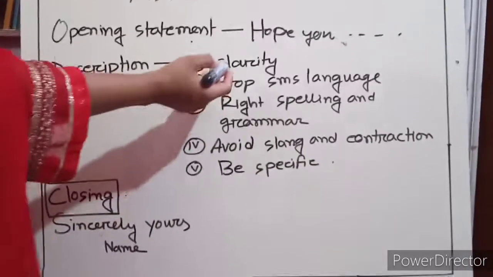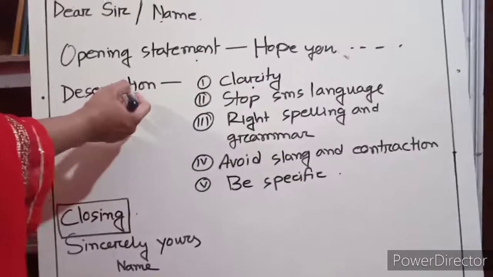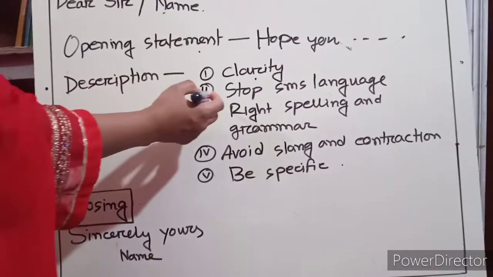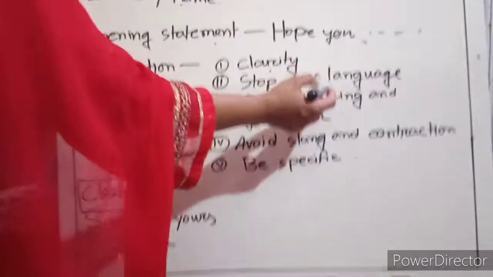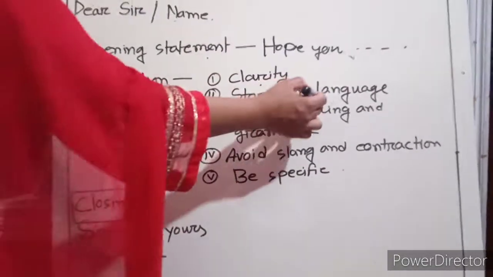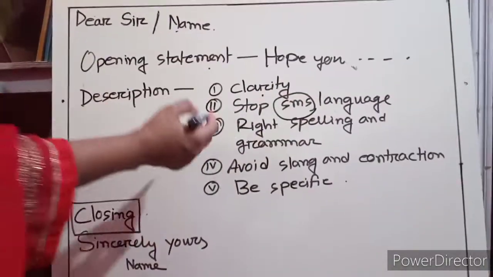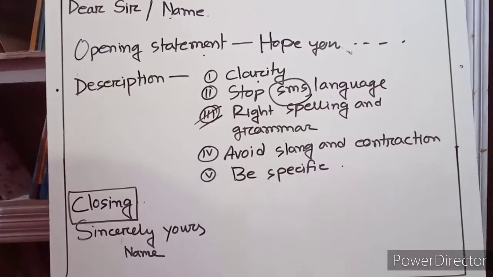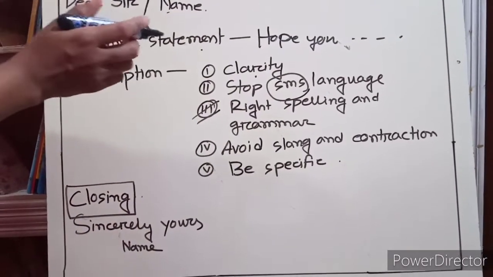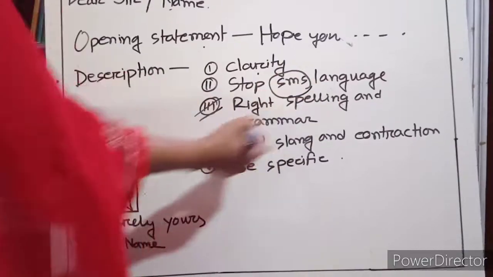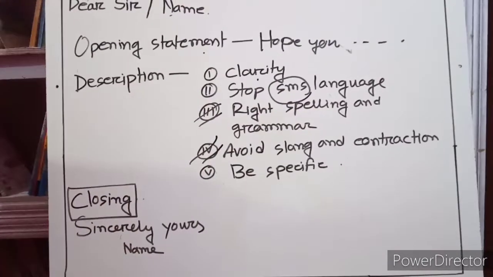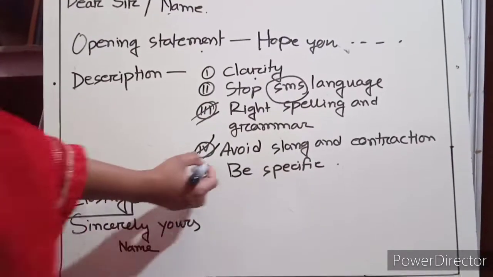I wrote here clarity. Clarity is very important in this regard. Stop SMS language. Please, dear students, don't use these things. Next, write spelling and grammar correctly. Short. Next, avoid slang and contractions and be specific.